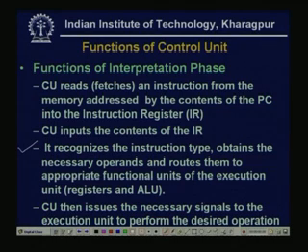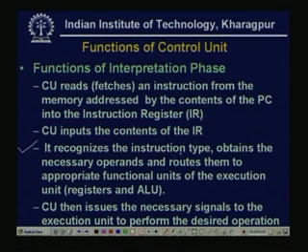So, this is the important task the control unit does. First, it recognizes the instruction type. This is necessary because the CU has to understand how many data items are needed to perform that particular operation. Then, from where the data or the operands will be available, it gives the signal to obtain that particular operand from the particular unit.